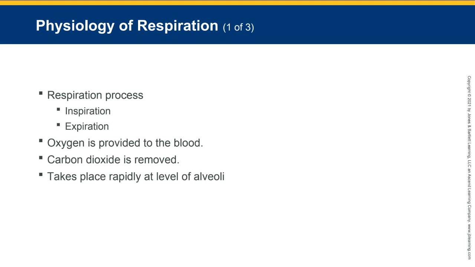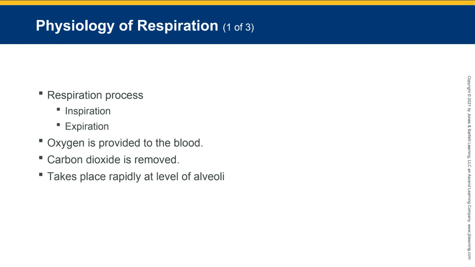The passive phase means that the intercostal muscles and the diaphragm relax. So inspiration is active. That's the phase where muscles contract. Expiration is passive. That's the phase where muscles relax.